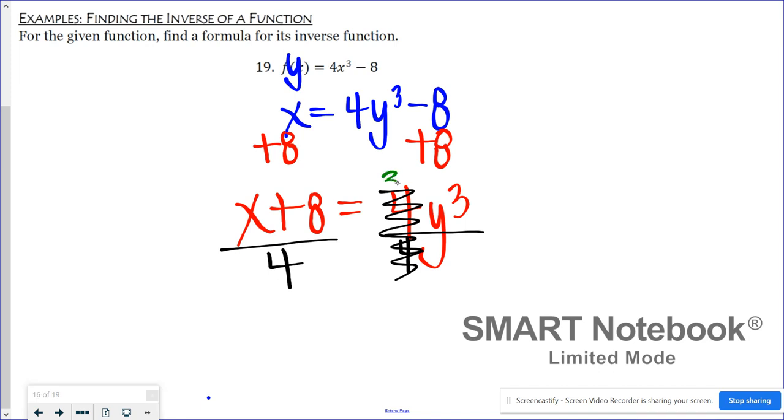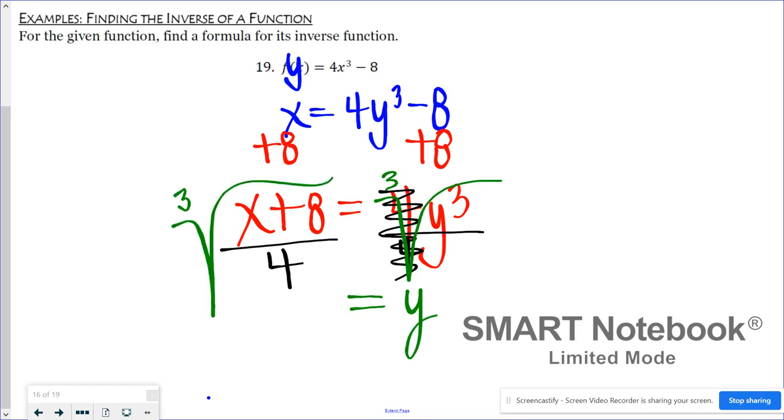If I take the cubed root of that, that's how I'm getting y all by itself. Keep things fair, do it to the other side as well. And so we end up with the cubed root of x plus 8 all divided by 4. And I'm going to say it's perfectly fine to keep it this way. Simplifying is a whole other lesson, and we're just focusing on finding inverses here, okay?